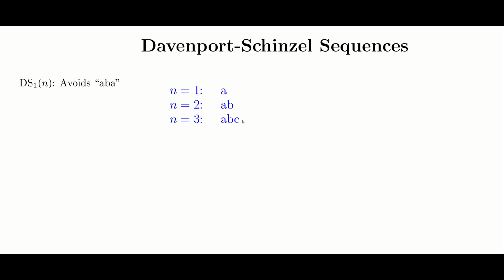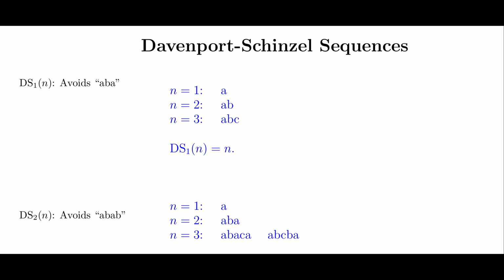We cannot repeat B because we'll have BCB, which is a pattern that matches ABA. And we cannot repeat C. So this is as far as we could go. In fact, as you can see, the maximum size of a Davenport-Schinzel sequence of order 1 is n because we cannot repeat any symbol more than once.